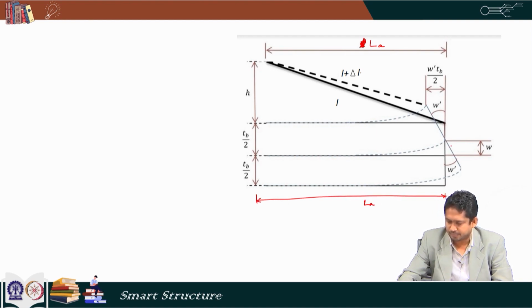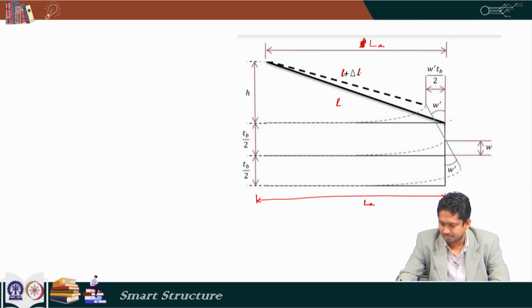Now, due to the bending of the beam, this point moves here. We have to find out the final length, which is small l plus delta l. Small l is the initial length of the shape memory alloy wire and l plus delta l is the final length after the deformation.